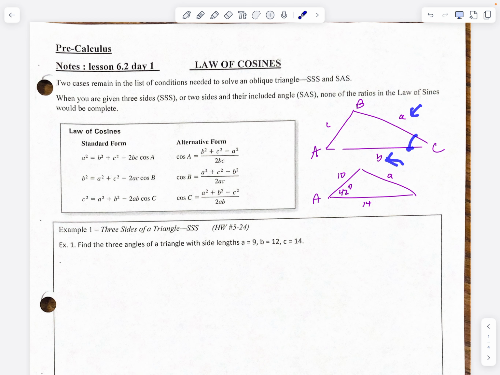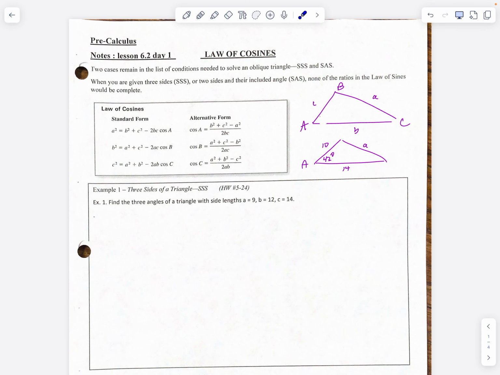And then I had 12 squared plus 14 squared minus 9 squared, and a right parenthesis, so I've got the numerator in its own set of parentheses.